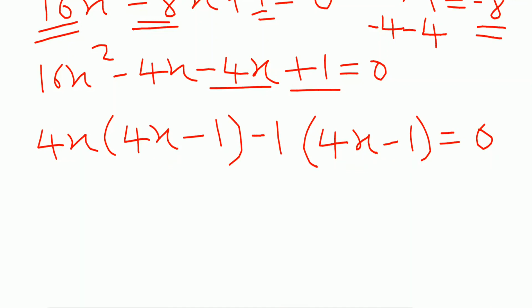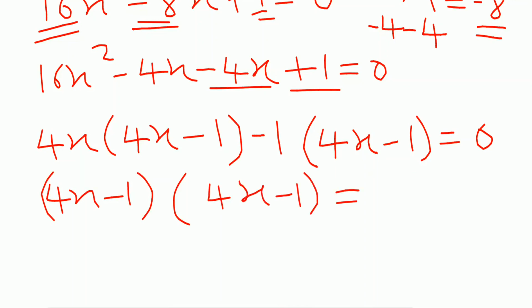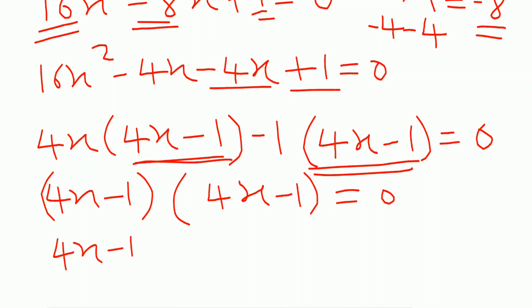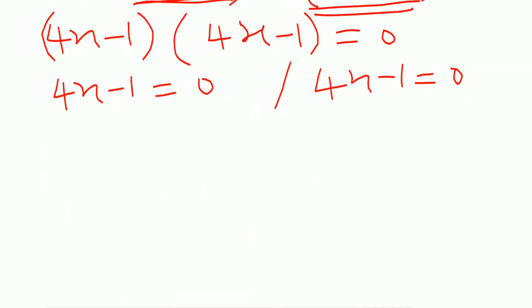Okay. Now, here 4x minus 1 in one bracket and 4x minus 1 in the another bracket. See, this bracket is same. So only once we have written and the remaining things in the another bracket. So 4x minus 1 which is equal to 0, or 4x minus 1 which is equal to 0.